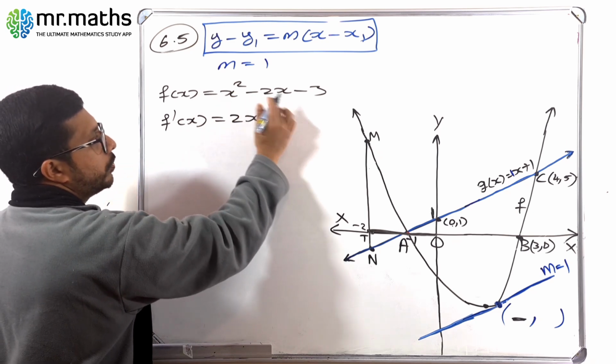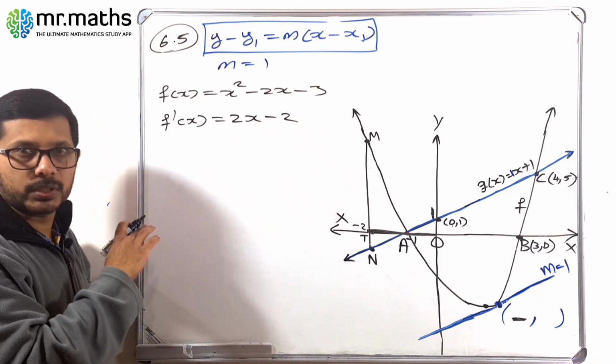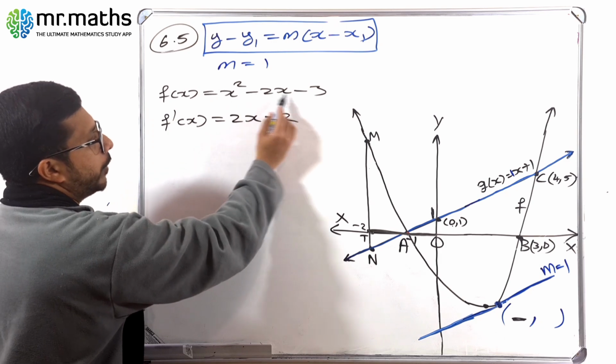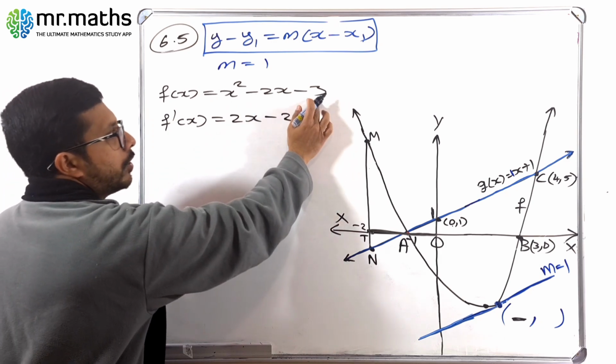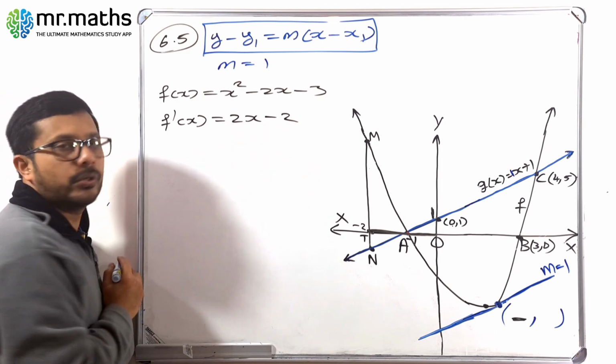You have to know the calculus section to do this question. The derivative of x squared is 2x, of minus 2x is minus 2, and the derivative of the constant is 0. So this is the derivative of this equation.